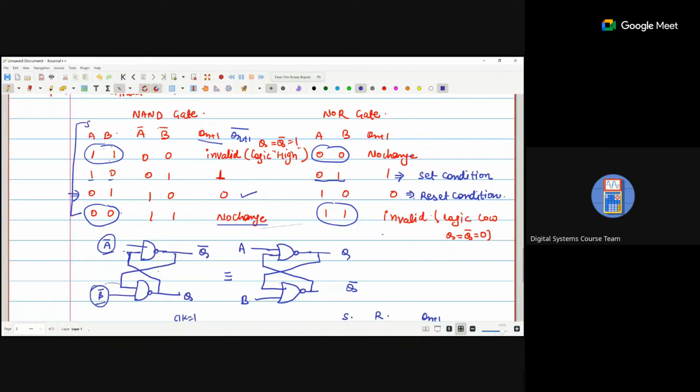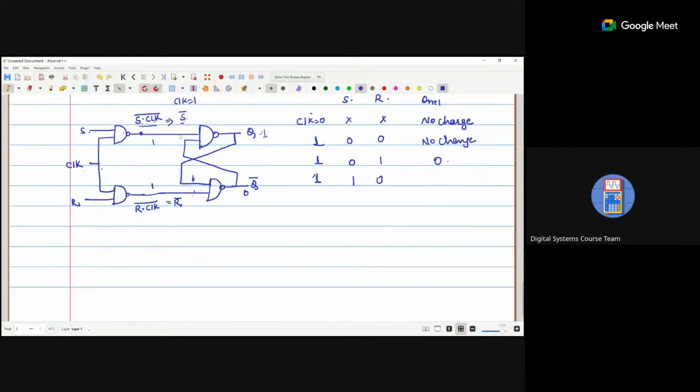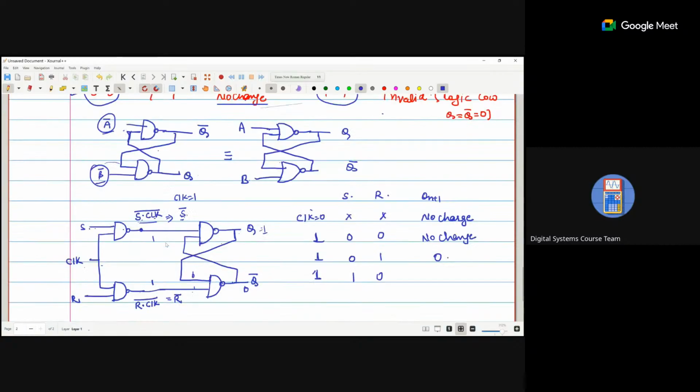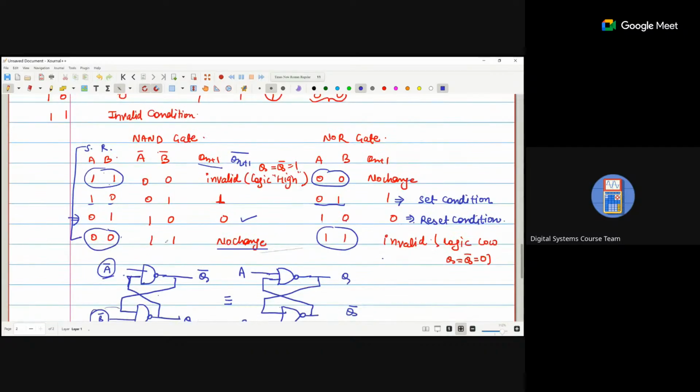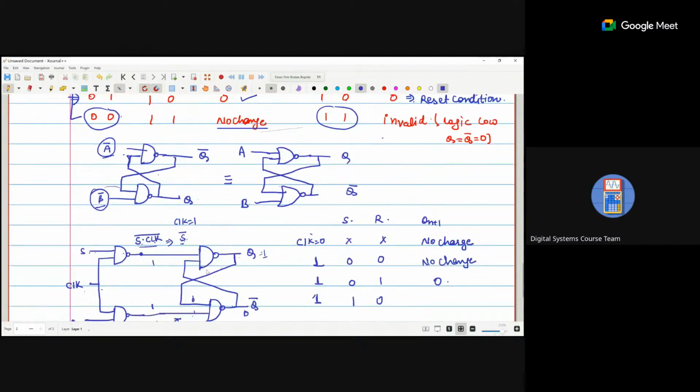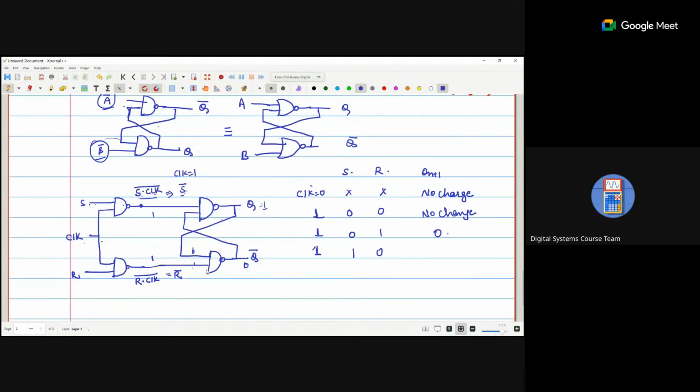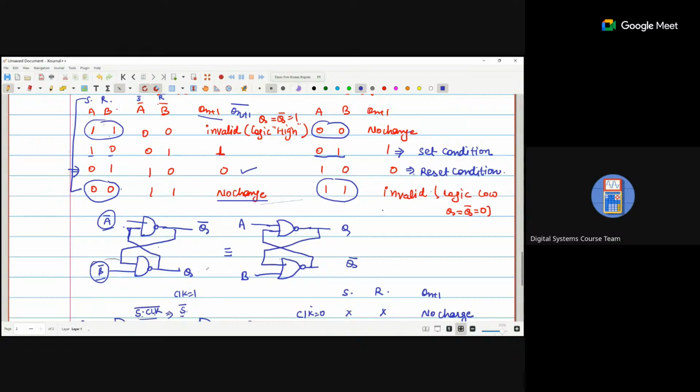So in place of A, I put S, in place of B, we are putting R. Now here we apply the S and R. So that means it is S bar and this is R. Now if we are getting 1, 0, so S is 1, R is 0, this way, I am getting output 1.